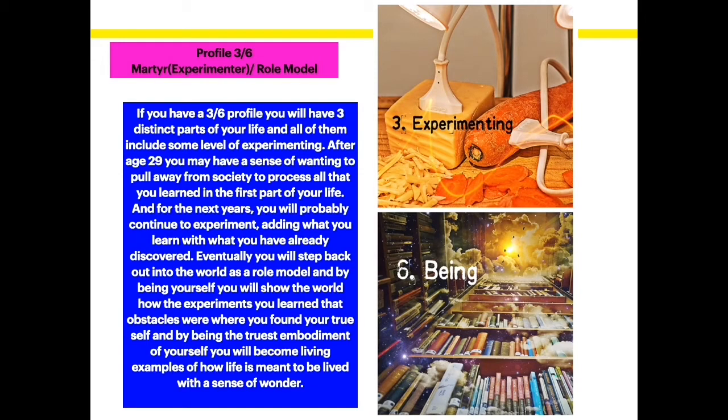And so when you're a 3-6, you're a role model for experimenting, and that experimenting can change as you get older and as you mature, but it will always be a part of who you are no matter what. Somebody with a 3-6 profile is going to have an abundance of information on what works and what doesn't work, and really is a valuable resource for the world in general. And the 3-6 profile is a personal profile or a right angle profile as well. So life is a personal experience.